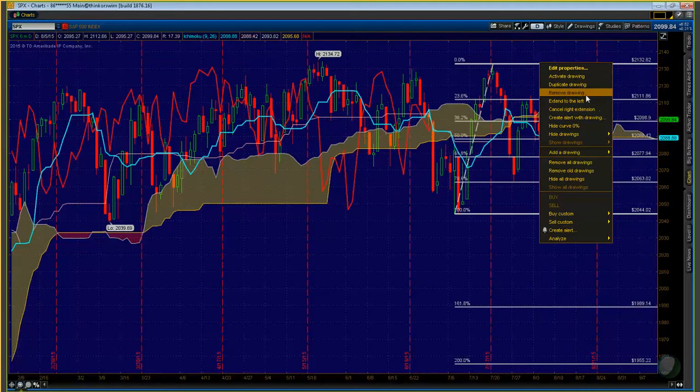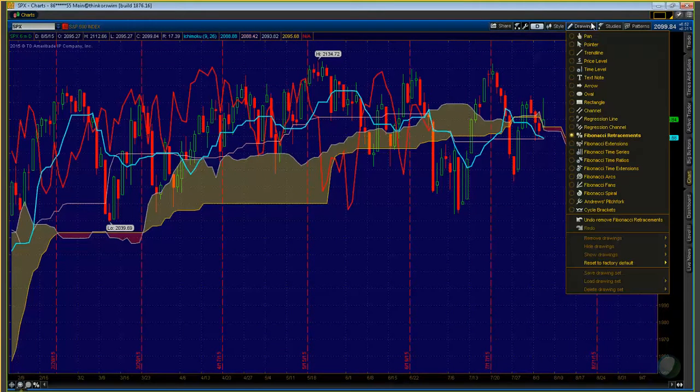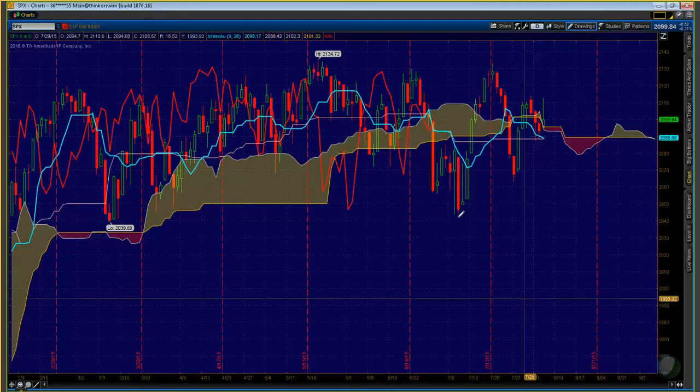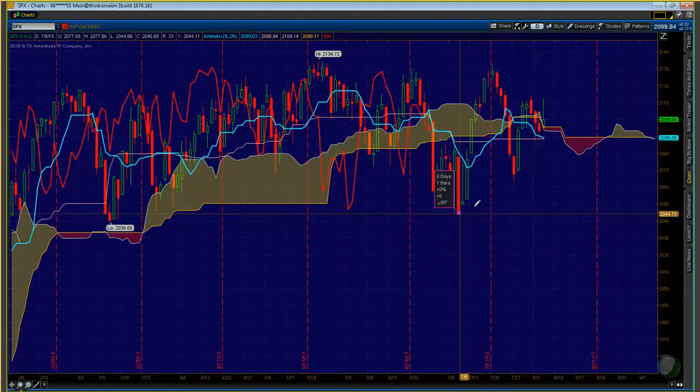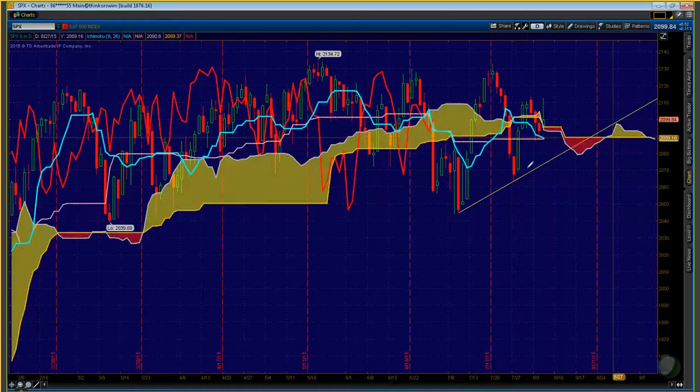I also like to add trend lines to determine our diagonal support and resistance. So, short-term trend line here, and there we go.